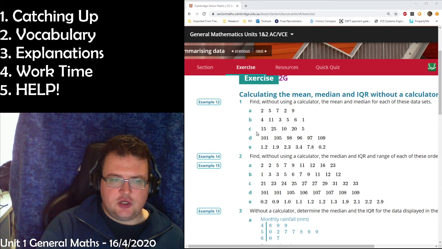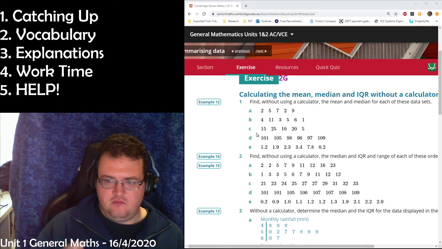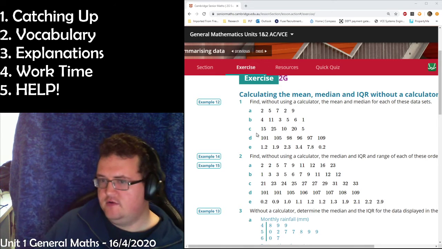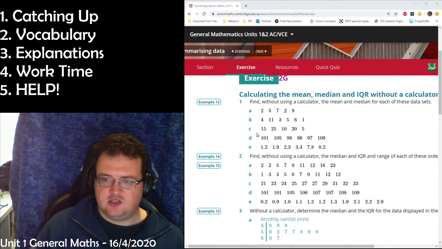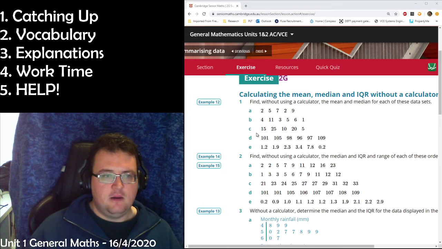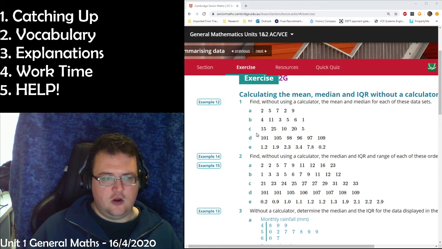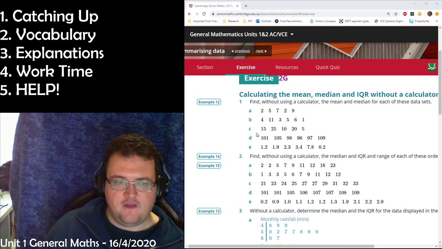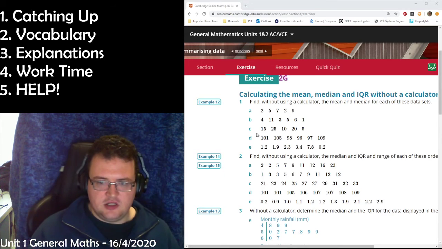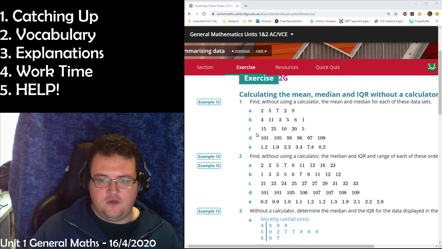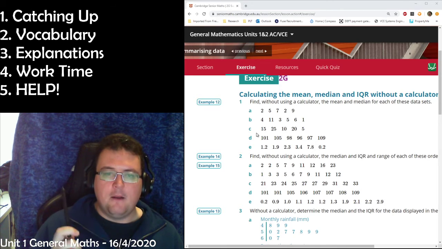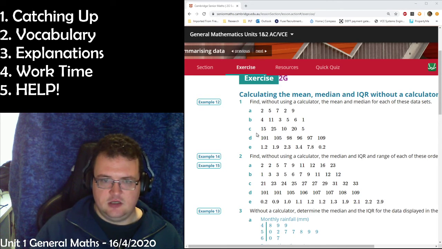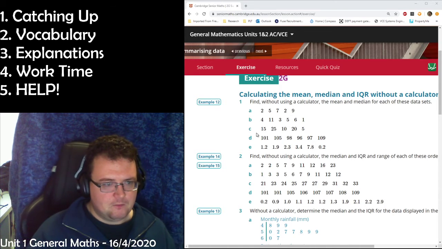Because the data sets are so small, finding an IQR isn't that relevant, so that's why they're not asking you to do it for these ones. Mean, median: add them up, divide by the number of numbers, and find the number in the middle once you have sorted them. That is always the important thing. Whenever you're doing the median, make sure your numbers are sorted.